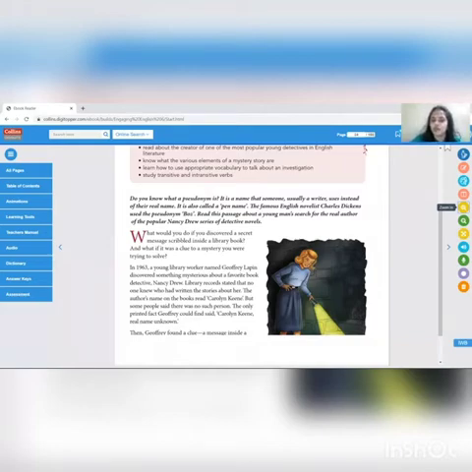What would you do if you discovered a secret message scribbled inside a library book? When we go to school, every now and then we visit the library. Children have their fixed timetable, their fixed class or fixed schedule to go to the library. Suppose one fine day you go to the library, and what do you find?